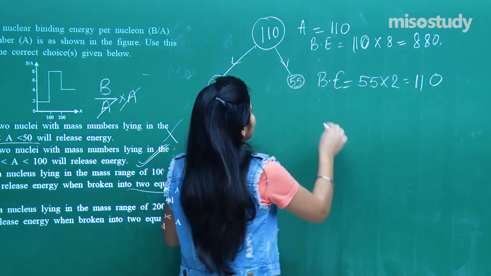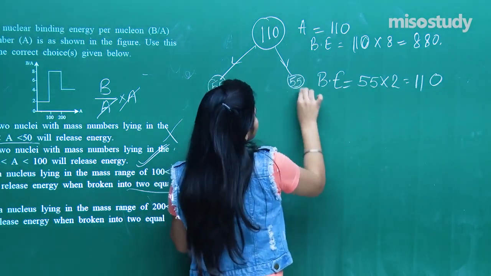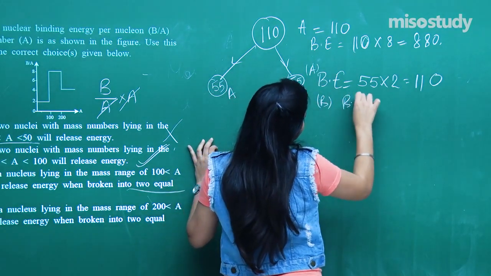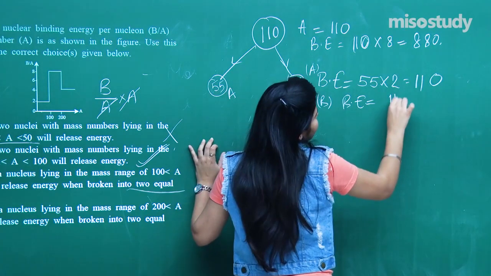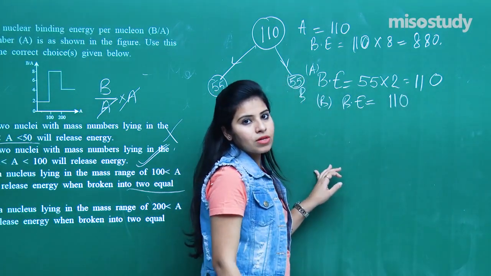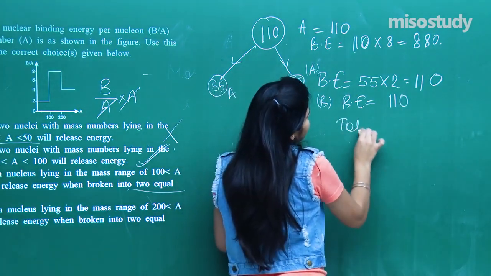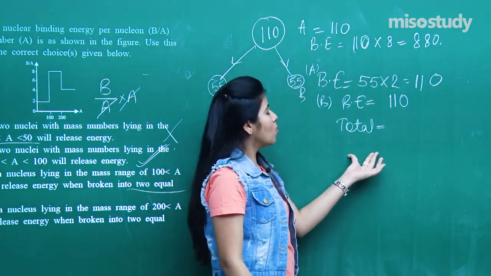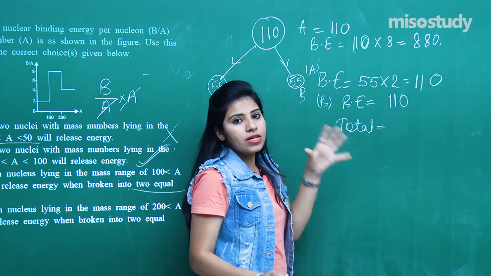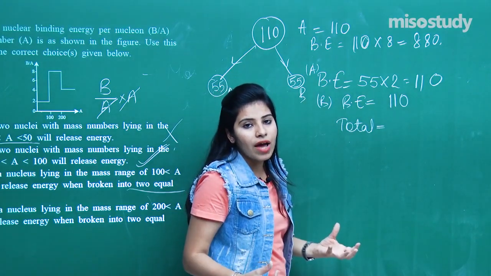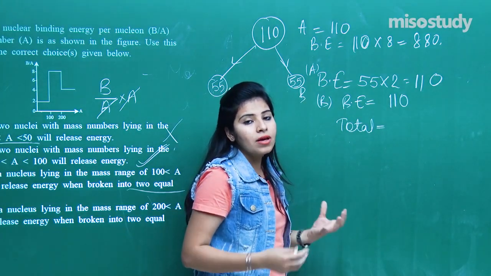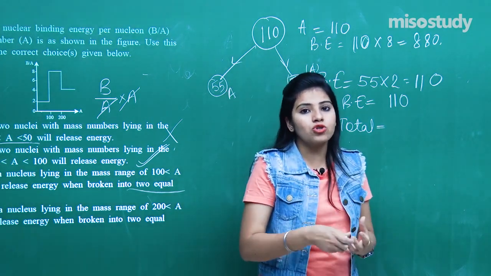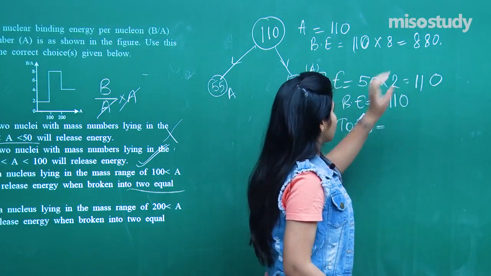This is the A part, and this is the B part. For the B part, again your binding energy will be 55 multiplied by 2, that is 110. So your total energy in this case will be... let me just tell you one thing: because this is breaking down into fragments, we want the energy released to come out positive.